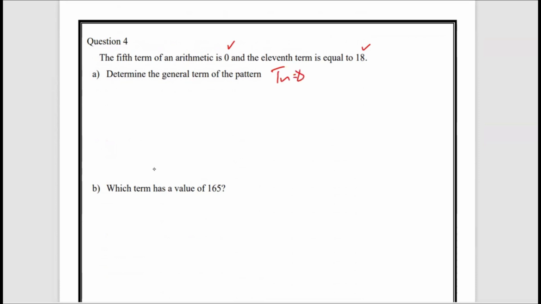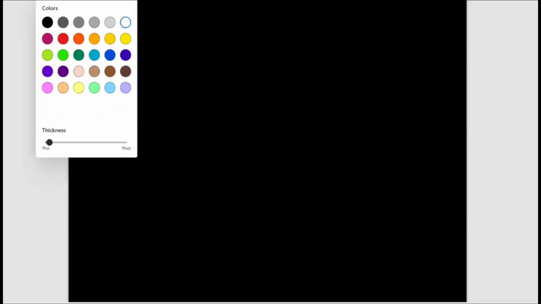But from the information we have, we know that T5 is 0, and then T11 is 18. Chances are high we're going to have to solve this using simultaneous equations. So let's see. I'll put it this side. So we say T5 is 0, T11 is 18.